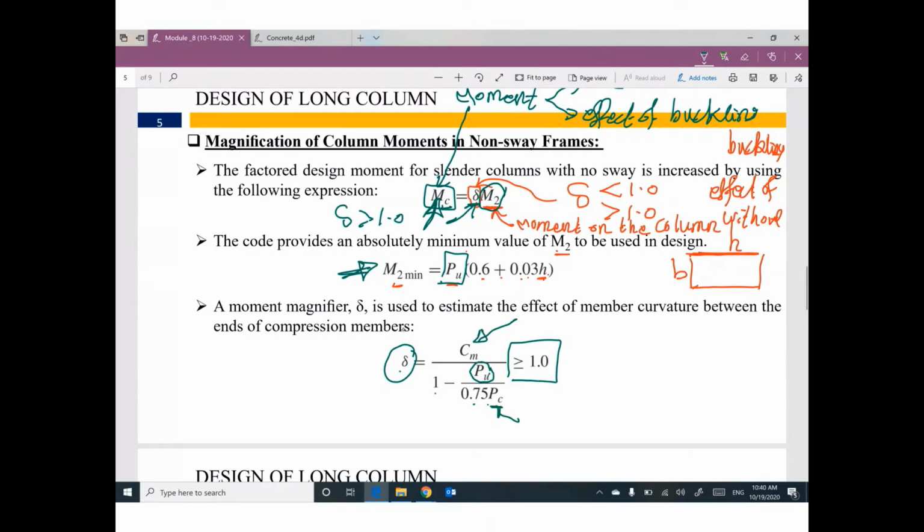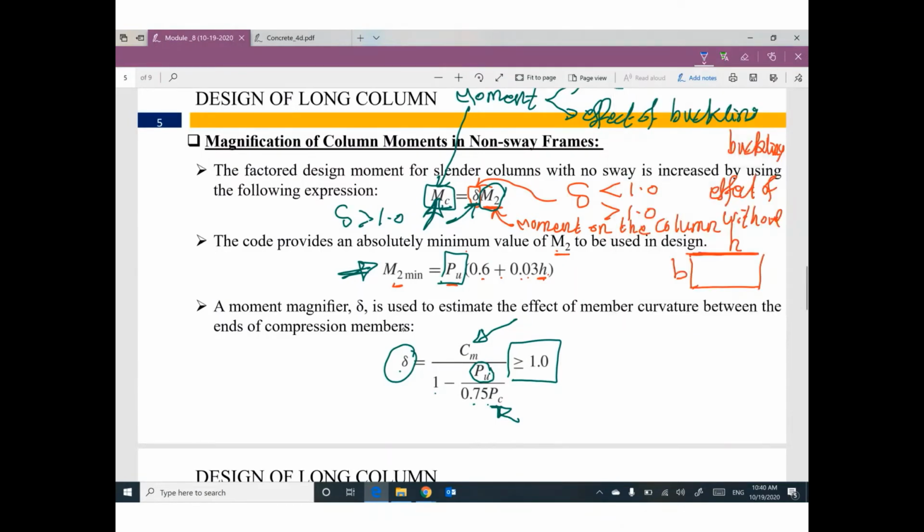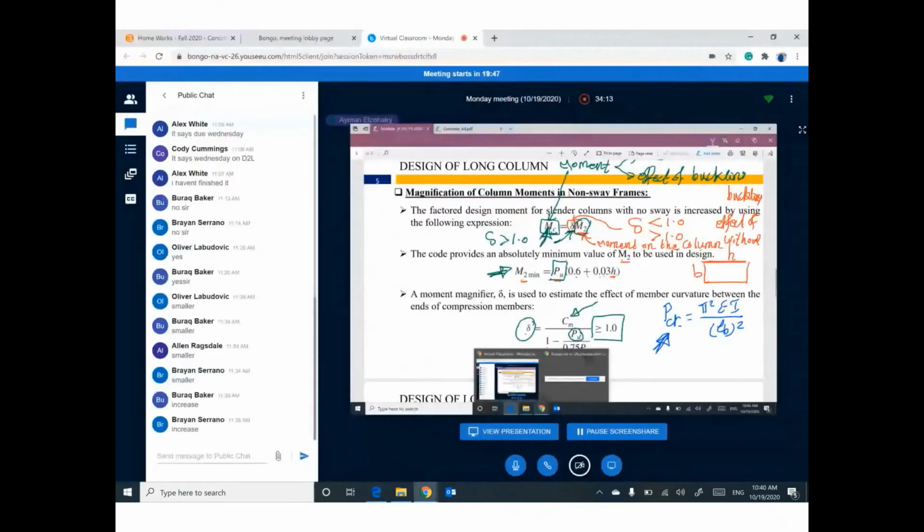Guys, do you remember, I'm not sure if you learned this before or not, buckling, P critical? Do you remember this term? I think in strength of materials you should have covered pi squared EI over L buckling squared. Do you remember something like this? Critical buckling load? Yes, critical load.